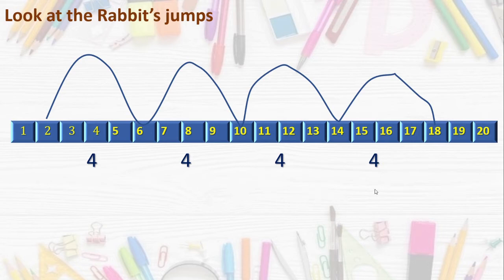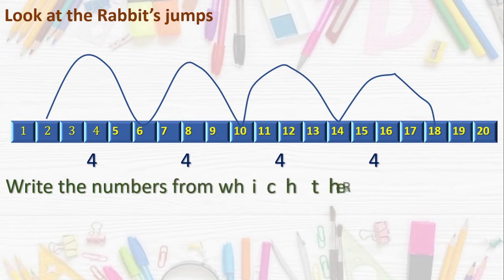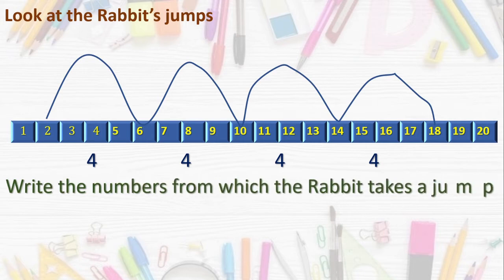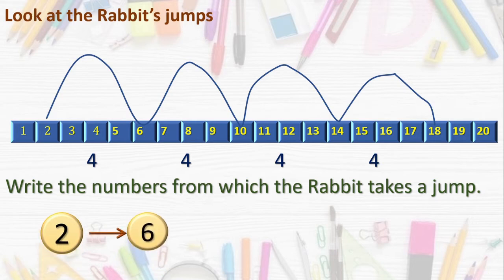Right? Here we will write the answer for this. Write the numbers from which the rabbit takes a jump. Yes, tell me. First, it started from 2. It jumped to 6. Then it jumped to 10, isn't it?